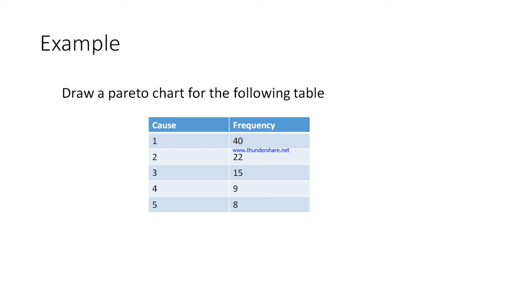And at the same time I have recorded the frequency of each cause here. That is, cause number 1 has happened 40 times in the observed time period. Cause number 2 has happened 22 times in the observed time period. Likewise, I have all this information.